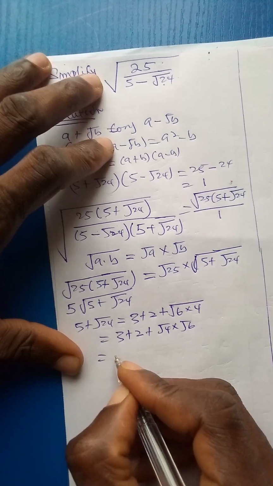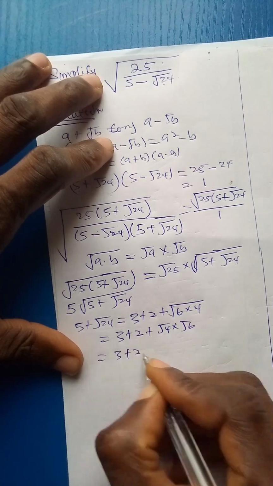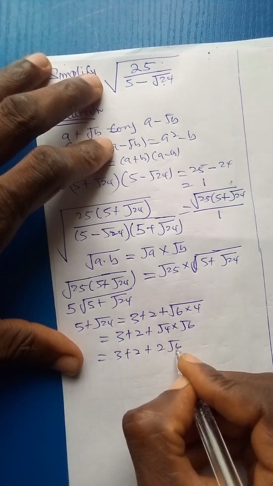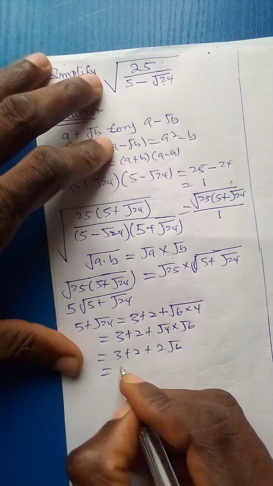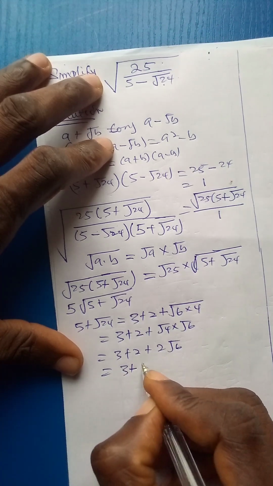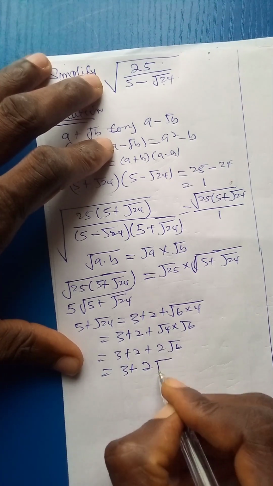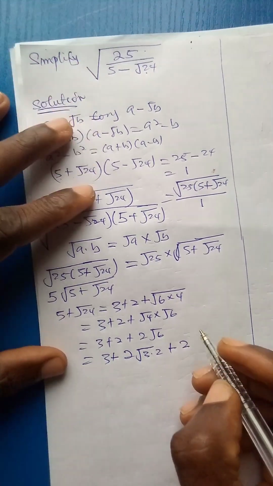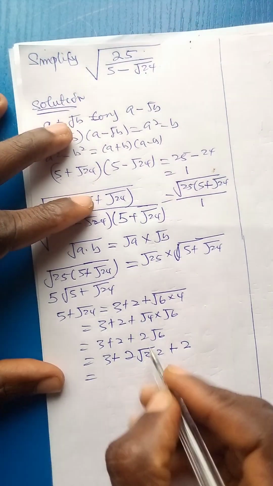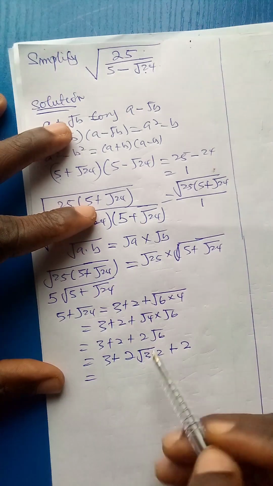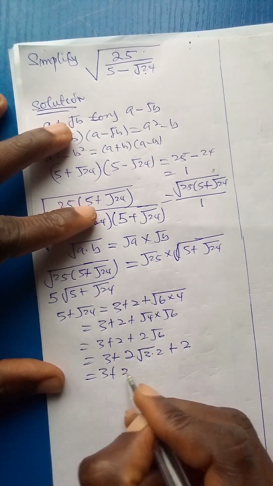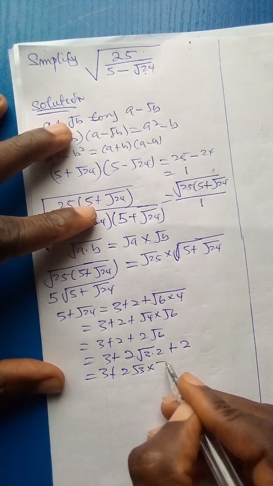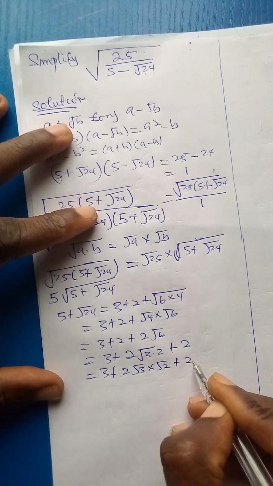Now root 4 is 2, so I have 3 plus 2 plus 2 root 6, or rewrite it as 3 plus 2 root 6, which is 3 times 2 plus 2. Also, still applying this property here, we have 3 plus 2 root 3 times root 2 plus 2.